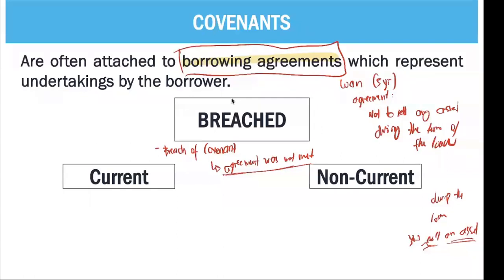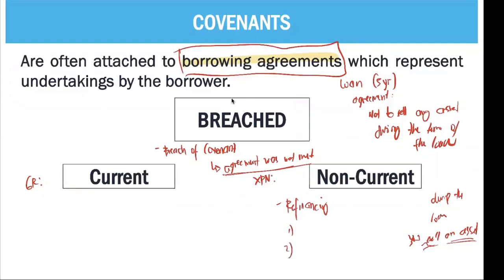So what is the treatment if it is breach? As a general rule, once there is a breach of covenant, take note, it is considered current. As an exception to the rule, we can place it as non-current if there is a valid refinancing.